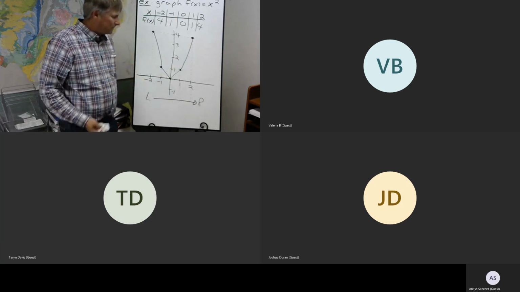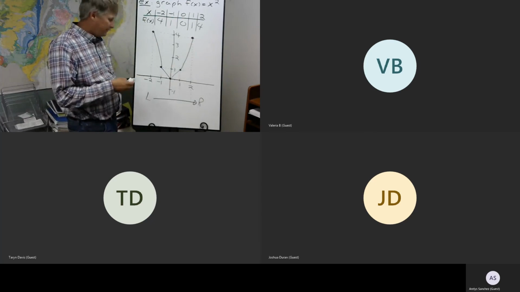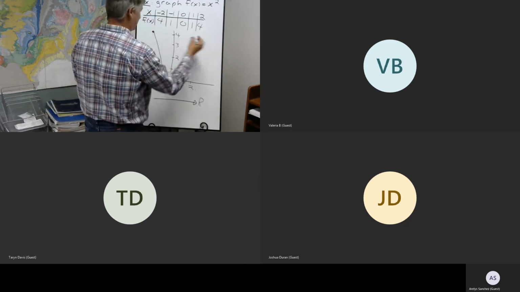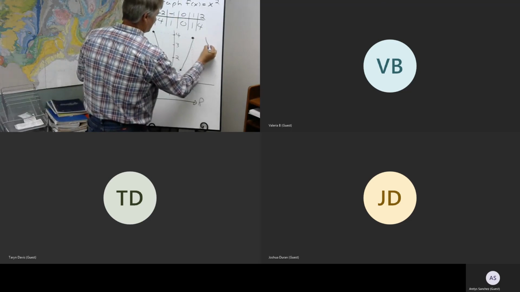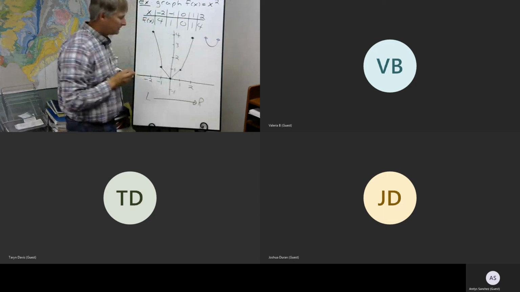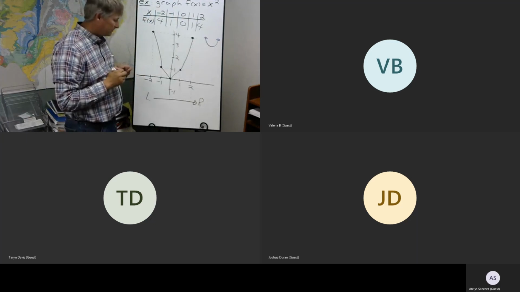Now, if you're familiar with this graph, you probably have seen that the real graph looks like this. It's smoother, sort of a loop. And that is true.